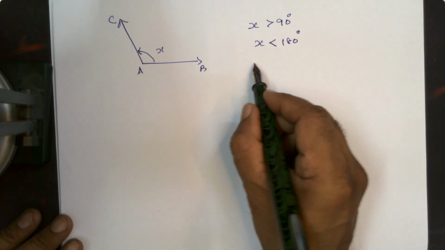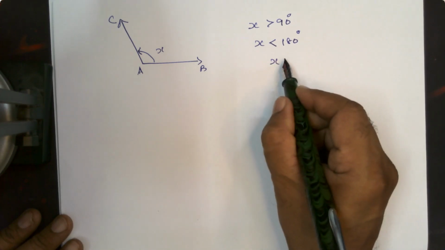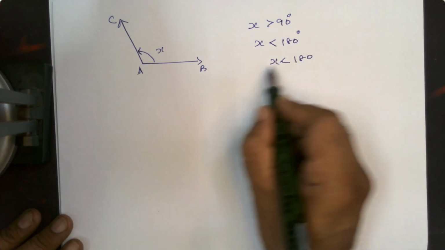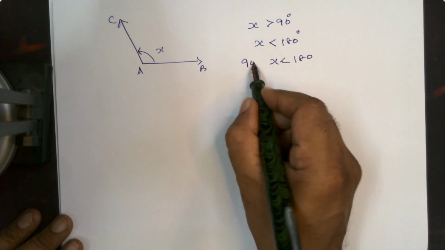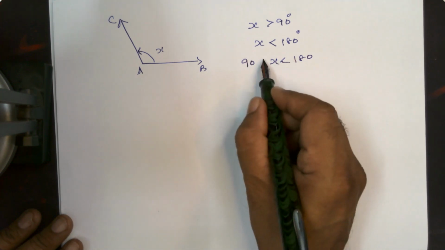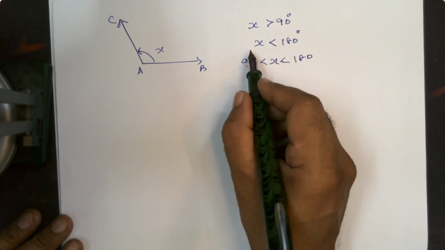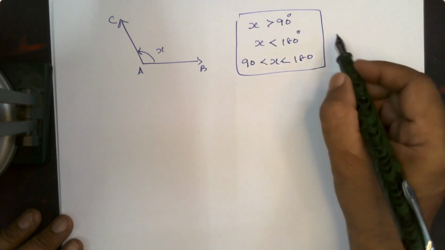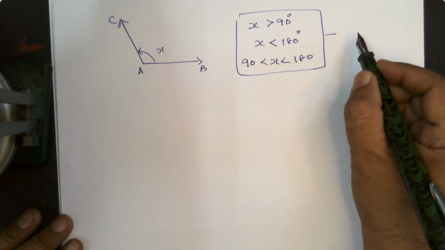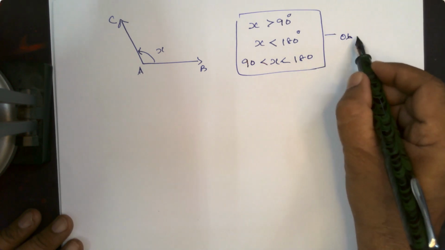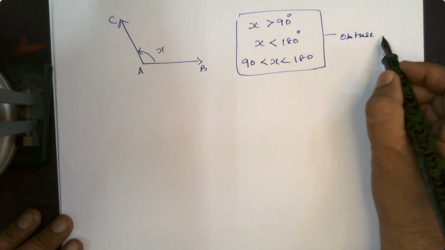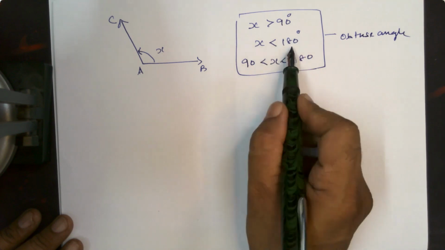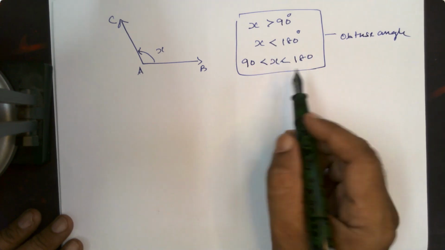So this can be represented as 90 degree is less than X is less than 180 degree. This type of angle is called an obtuse angle. It means X is greater than 90 degree and less than 180 degree.